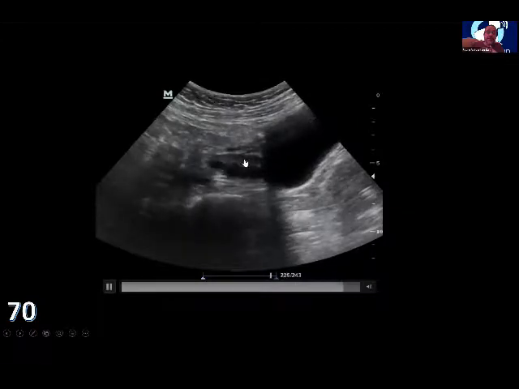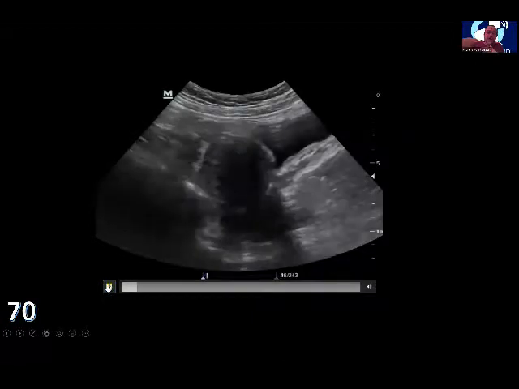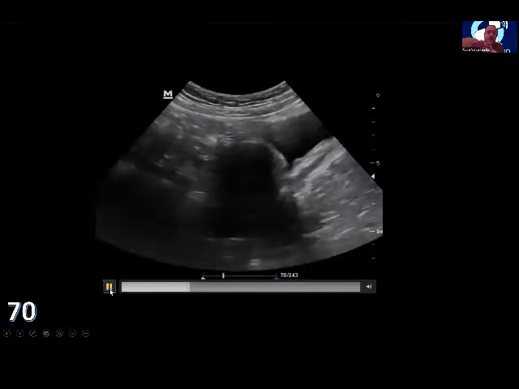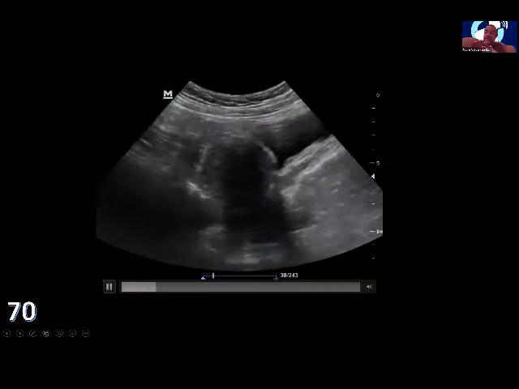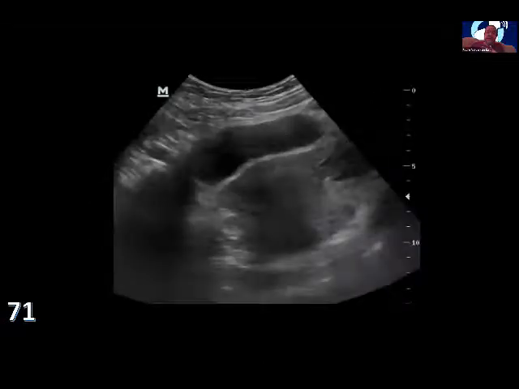One ovary, left side. At the beginning of the video, we probably see some right ovary behind the uterus. This is the kind of patient who really needs an endovaginal examination.